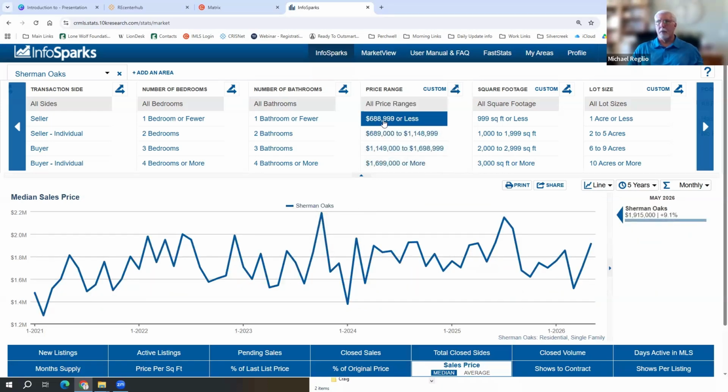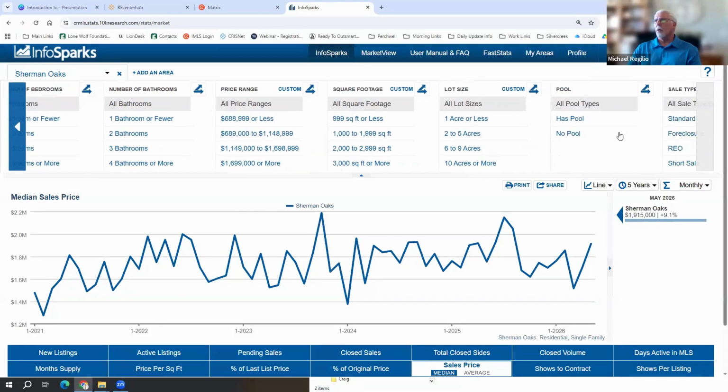Most of the time, like I said, most of what I'm sharing in my emails and online is the general information by city or by area. We can filter by square footage. Again, high end, low end makes a difference.